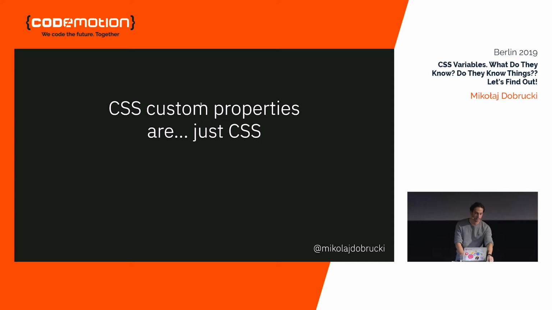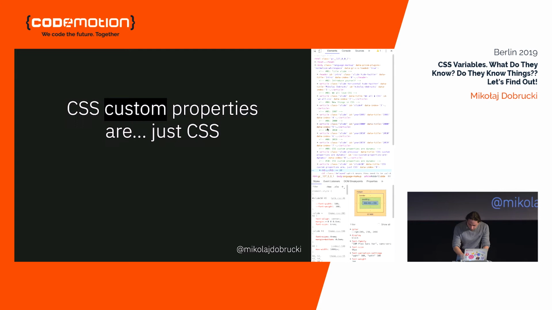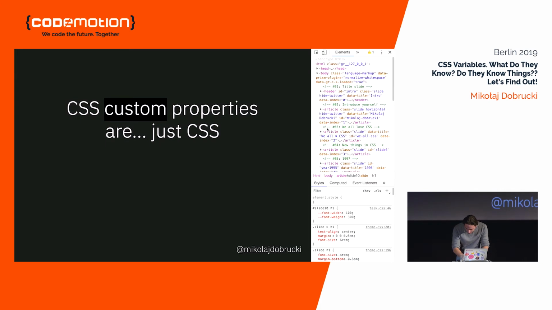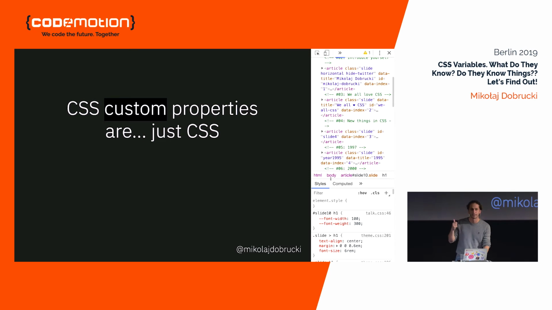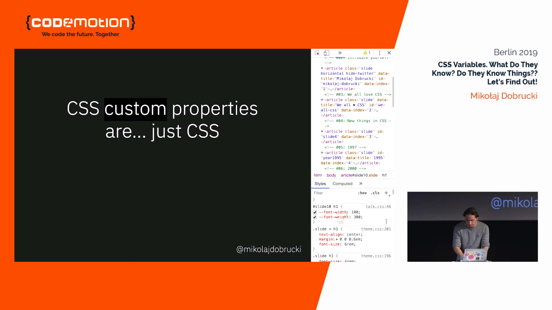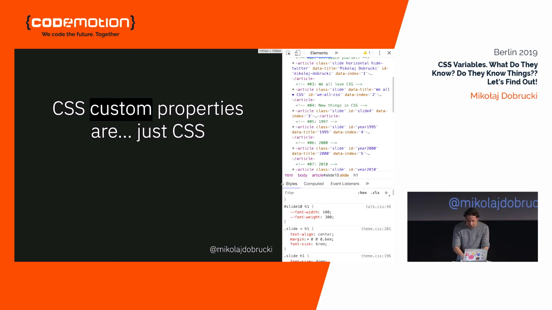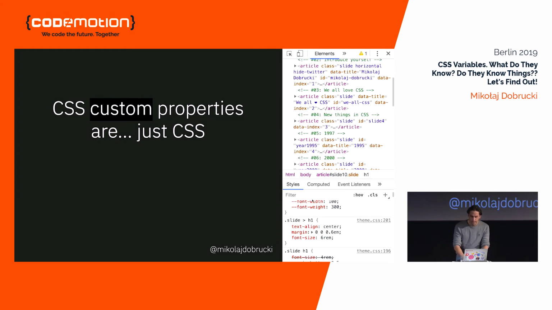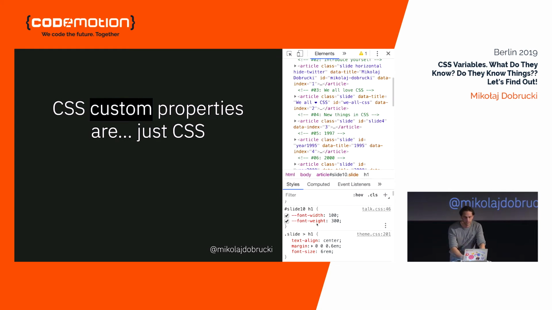And I know, even in this slide deck, I can try to inspect it. And yeah, maybe let's zoom a bit. I hope that the screen is big enough for you. And here, in the scope of this heading that you see, there are two variables declared, right? There's a font width and font weight variable. And basically, this is just a normal running website, right? There's nothing that had to be compiled here, and I still can edit those variables.